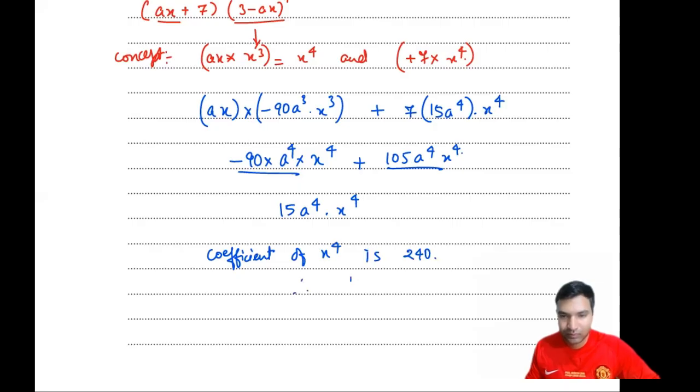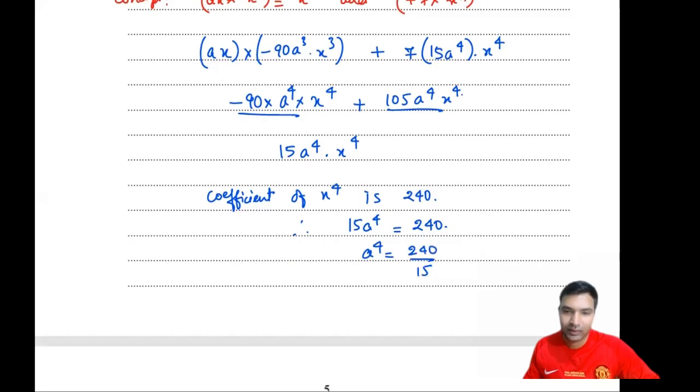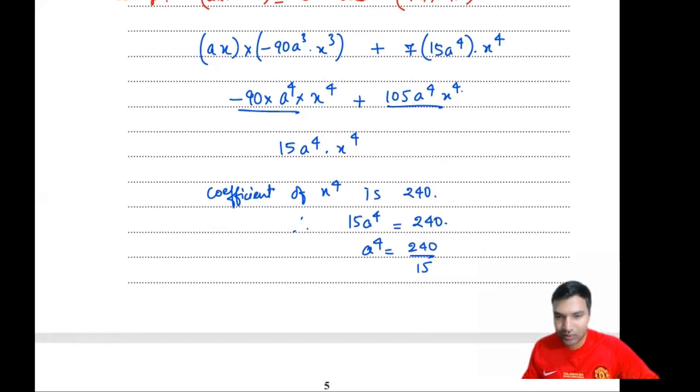Therefore, 15a raised to 4 should be equal to 240, or a raised to 4 should be equal to 240 over 15, which eventually becomes, I could cancel with 3, 80 over 5, which becomes 16. So we get a equal to positive 2 and a equal to negative 2.